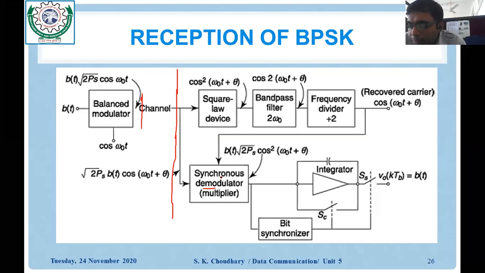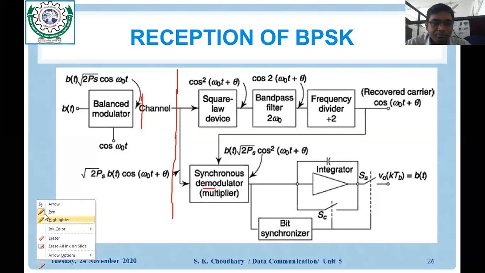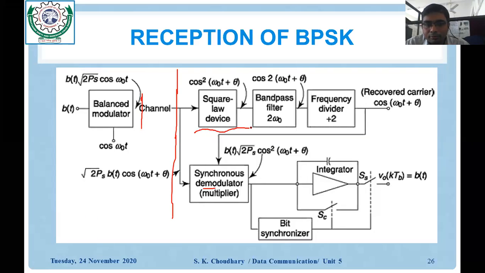The demodulation technique usually employed is synchronous demodulation, and that requires that the waveform cos(omega naught t plus theta) be available at the demodulator. The scheme used for generating a carrier at the demodulator end for recovering the baseband signal is shown in this diagram. If we partition this diagram, this is the section I have underlined, which is for the recovery of the carrier, locally recovered at the receiving end.